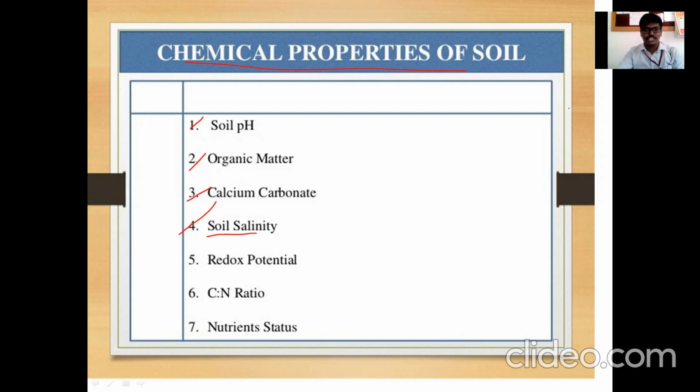And redox potential. Redox potential is one of the chemical properties of a soil, where we usually talk about the electrons present in the soil. These electrons usually help in any inorganic or organic reaction taking place. Whatever electrons are present in the soil can be easily determined from the redox potential.